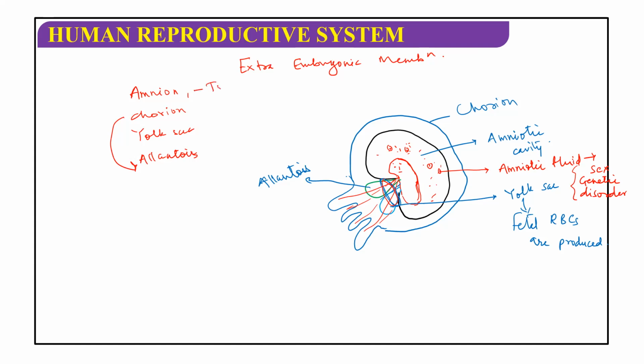Developed from trophoblast, correct? Majorly developed from trophoblast. Yolk sac also. Yolk sac is very well developed in trophoblast से काफी चीजें बनी है ना?